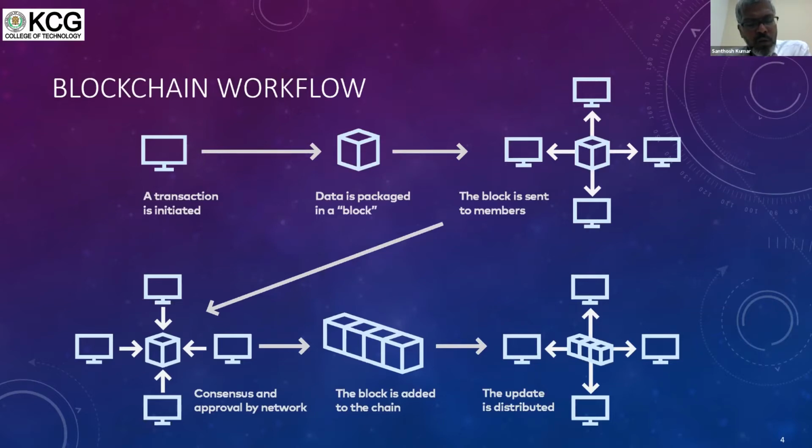Now, let's say the user triggers. Keep it very simple and just focus on Bitcoin for a minute. Let's say you have 100 Bitcoins. You want to send 50 Bitcoins to your neighbor. In that case, you initiate a transaction through a client. It could be a website, a mobile phone or any of the devices. Once the transaction is initiated, it is sent to the blockchain network of nodes, so it is added to the transaction pool.